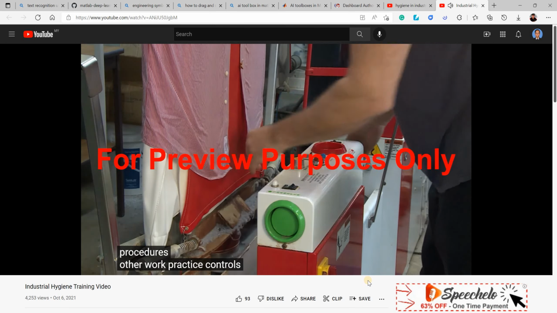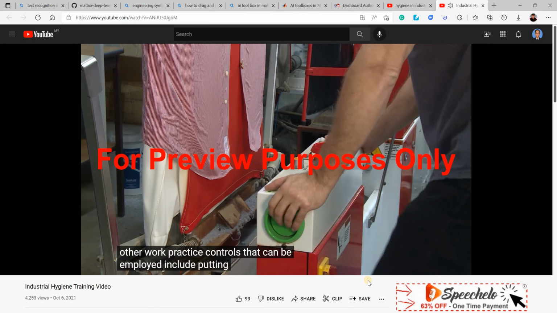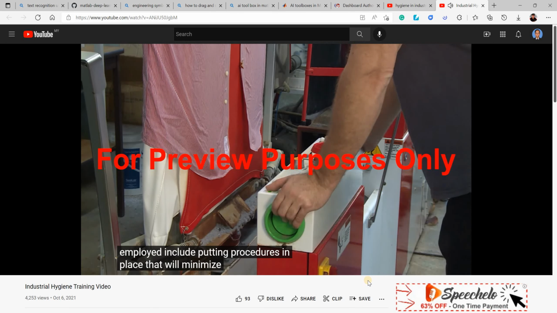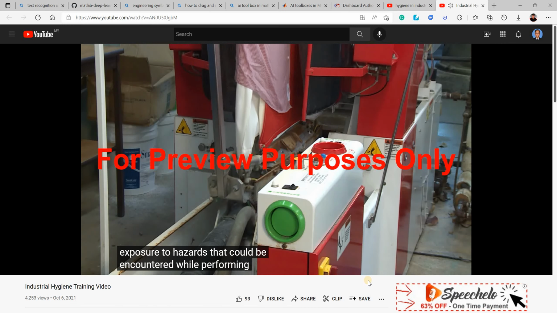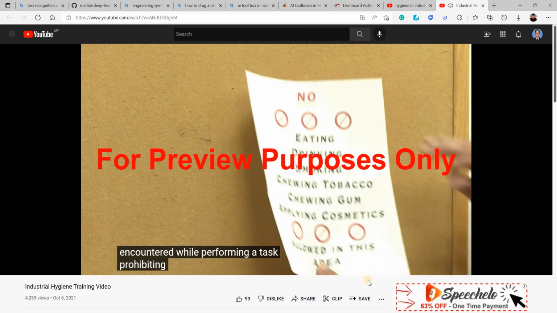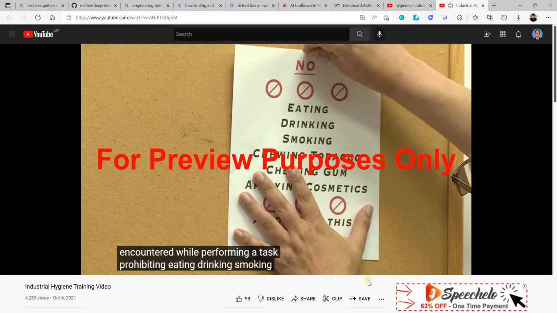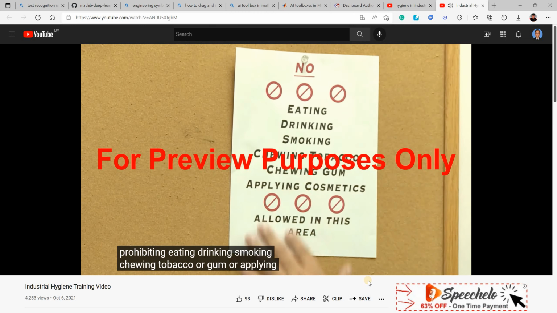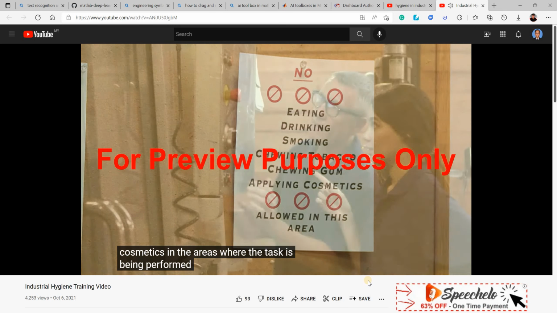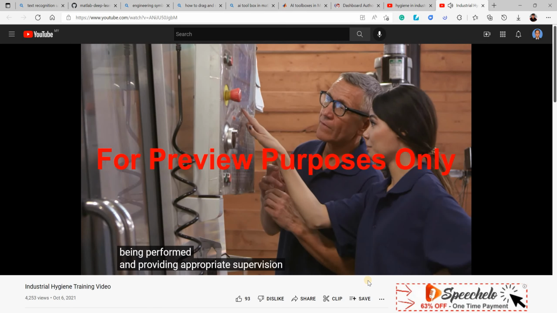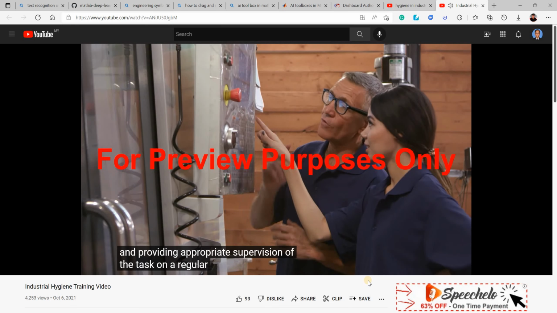Other work practice controls that can be employed include putting procedures in place that will minimize potential exposure to hazards that could be encountered while performing a task, prohibiting eating, drinking, smoking, chewing tobacco or gum, or applying cosmetics in the areas where the task is being performed, and providing appropriate supervision of the task on a regular basis.